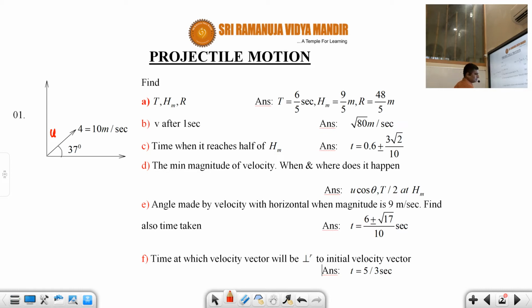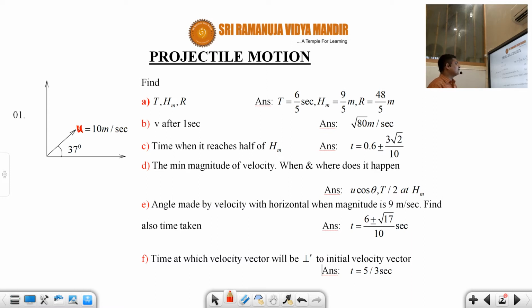Here there is a ball which is projected with some initial velocity u equal to 10 meters per second at an angle of 37 degrees. You are asked to find: A, time of flight, maximum height, range. B, velocity after 1 second. C, time when it reaches half of maximum height.